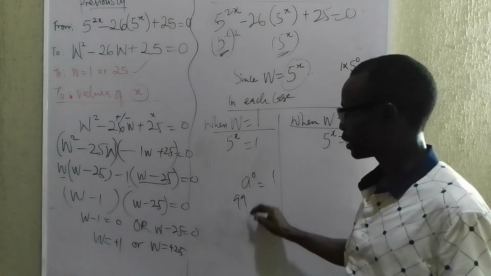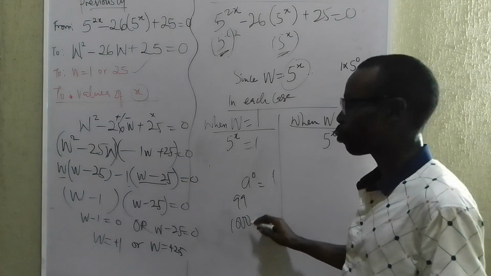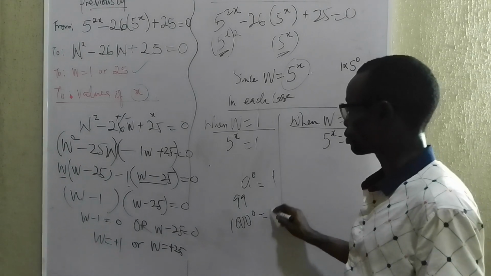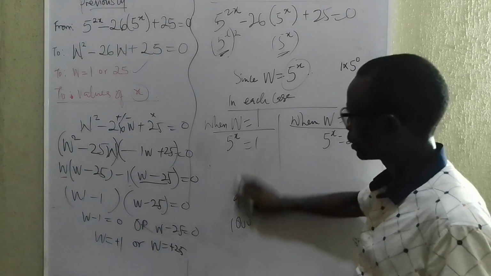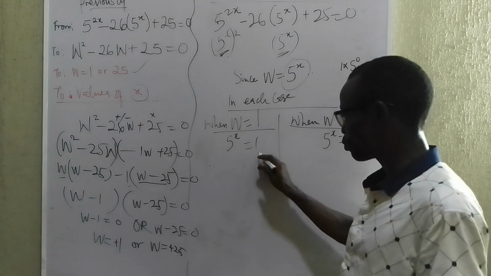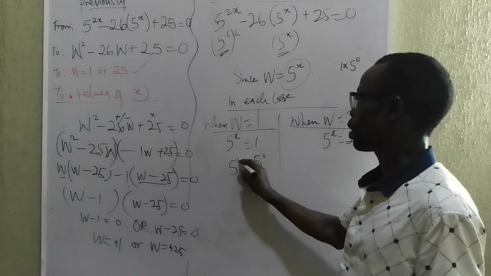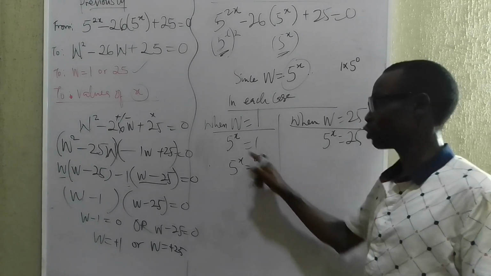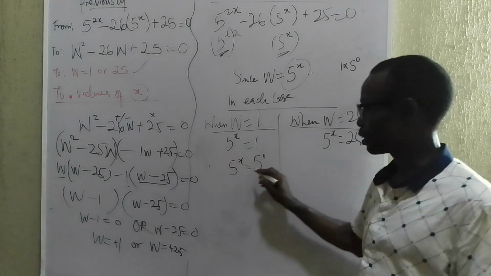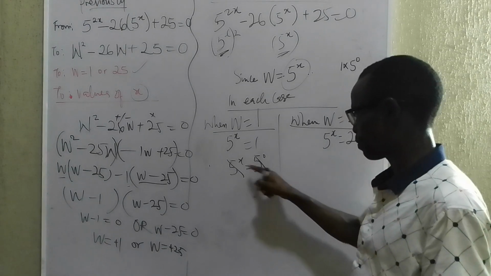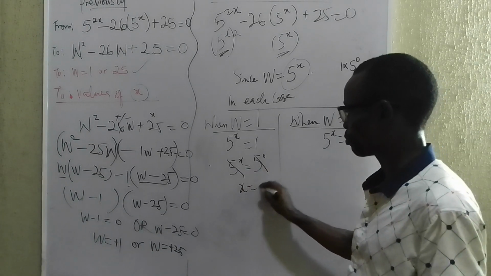Even if it is 99 or 100 or 1 million raised to the power 0, it's all going to give you 1. So in the same way, this 1 is the same thing as 5 raised to the power 0. Why did we use 5? We want it to look like this, so that they both can cancel. So 5 take away 5, so x will become 0.